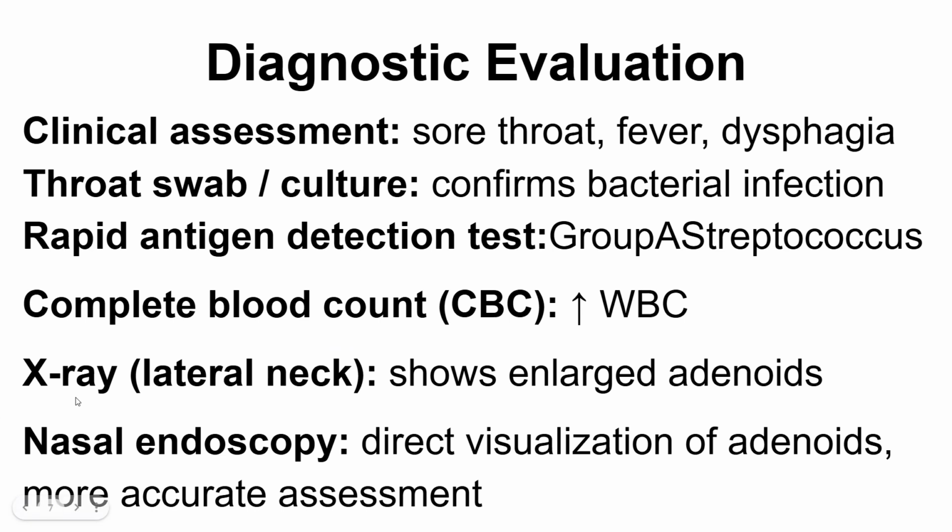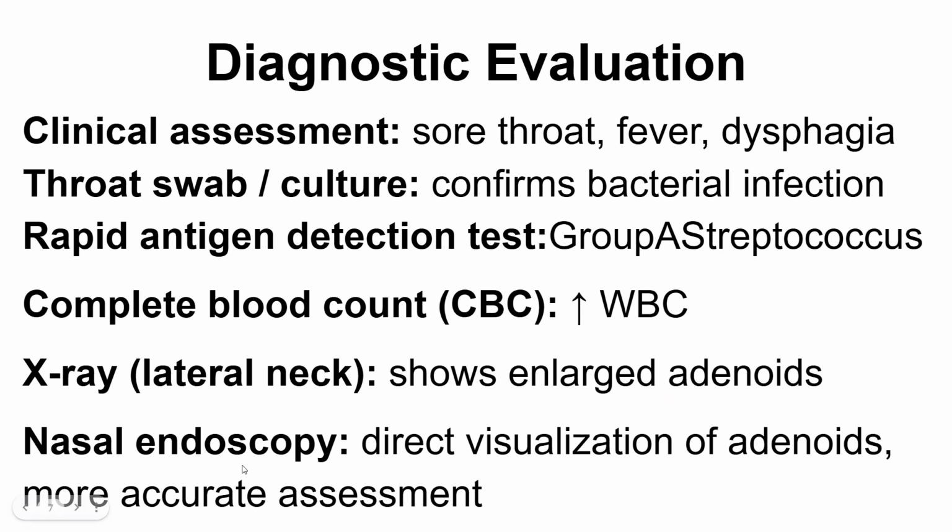X-ray. Usually a lateral neck X-ray can be taken to know if there are enlarged adenoids, or if there is any obstruction in the airway, and this X-ray is very useful in chronic cases.